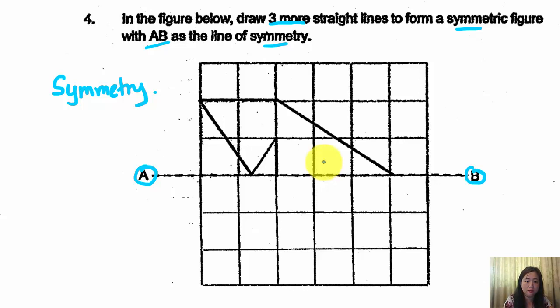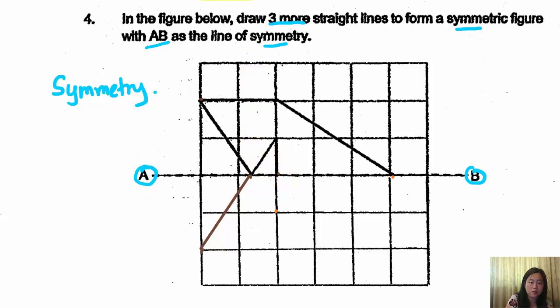Try to mark up the points that you need to draw. So this is here, followed by here, and then here. So let's draw this first. This one will be from here to here, and here. Let's try. Okay.